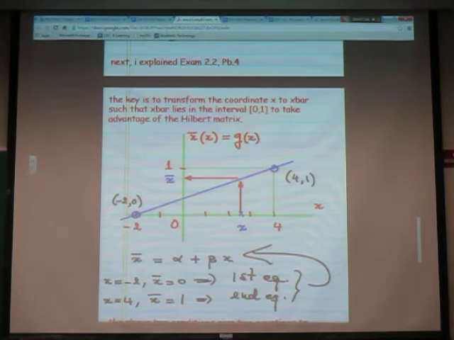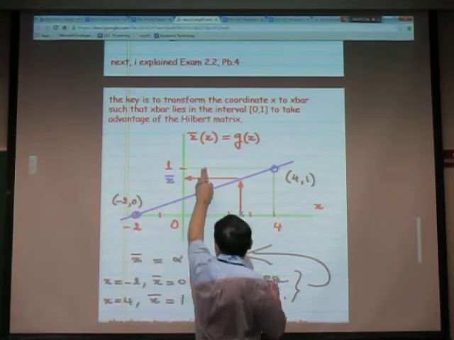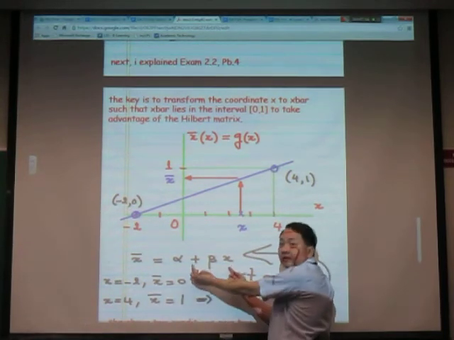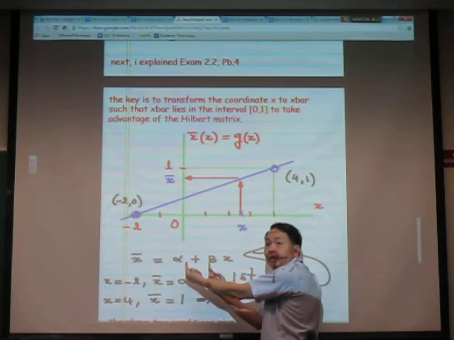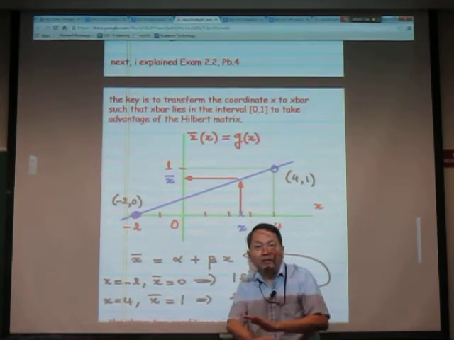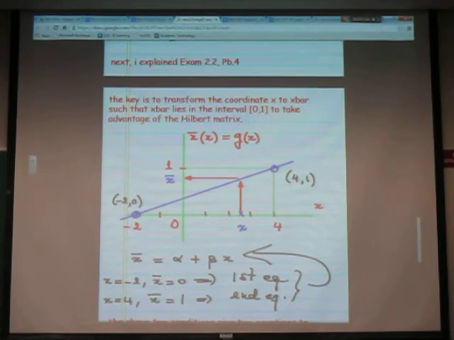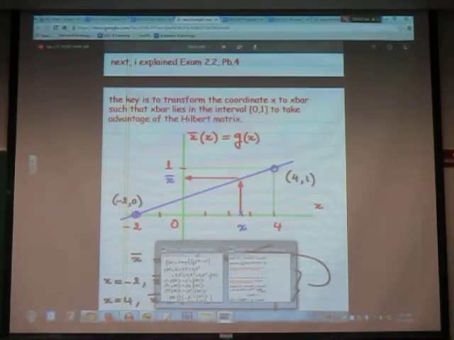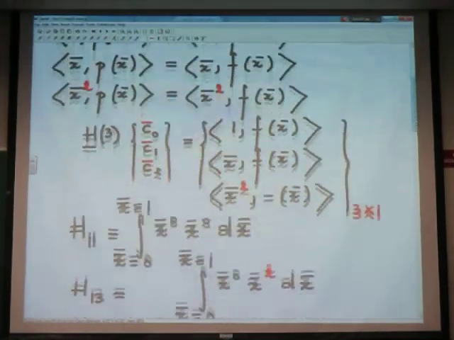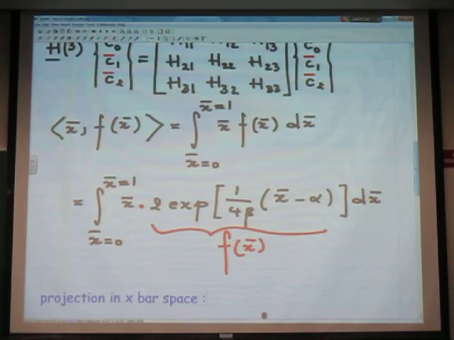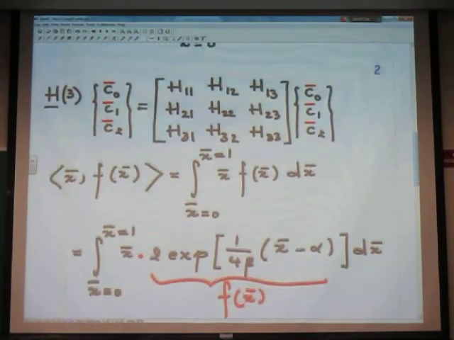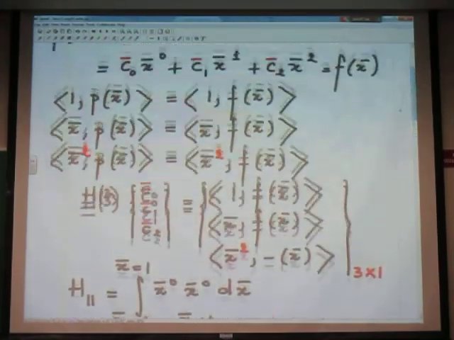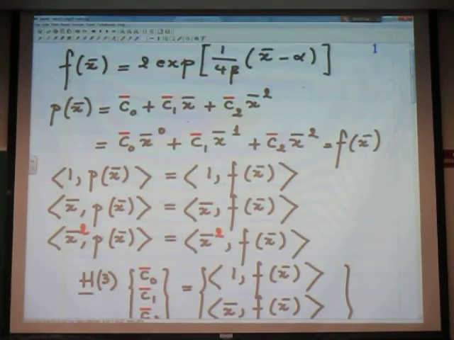When you find the equation for this straight line here, you know X bar as a function of X because you solve for alpha and beta. So in the end, to get the end result, you replace X bar as a function of X in this expression here.